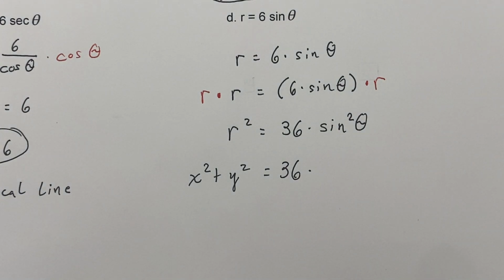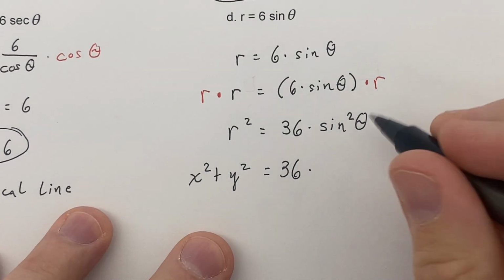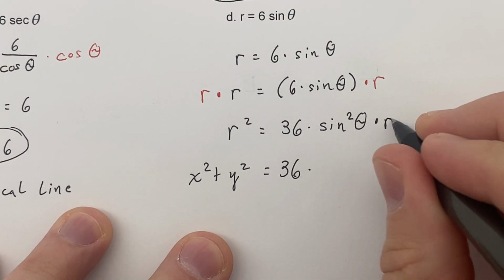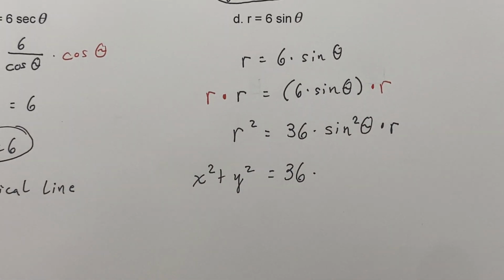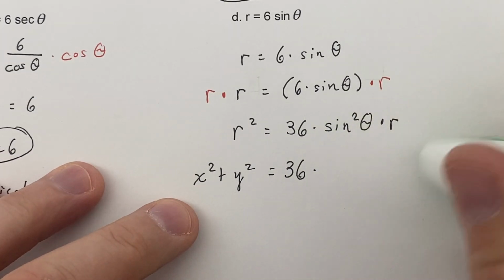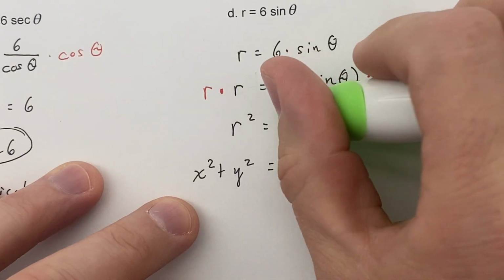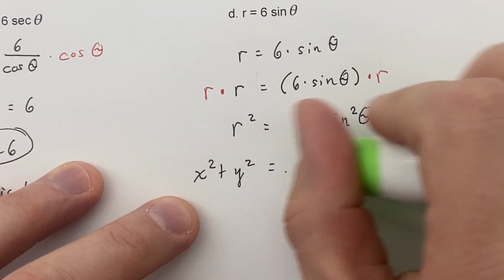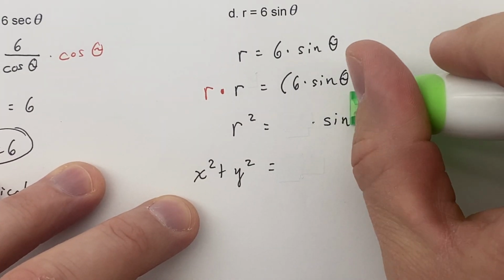My bad. We're going to multiply both sides by an r. And there's a reason why we do that. We need to change that 36 to just a 6 again. We'll get back on track here.